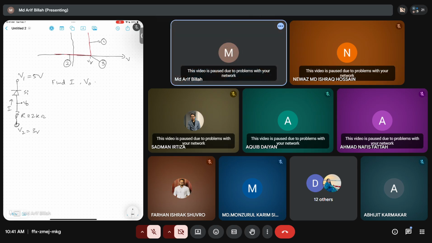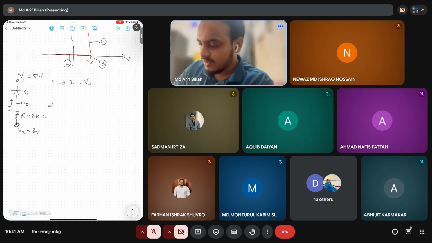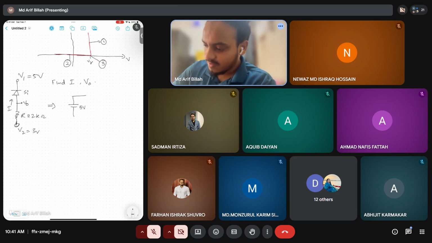Okay, let's see. If we write this more simply and draw an equivalent circuit, you have 5 volt on one end. Let's say this is 5 volt.